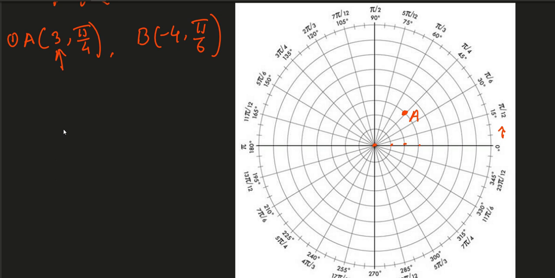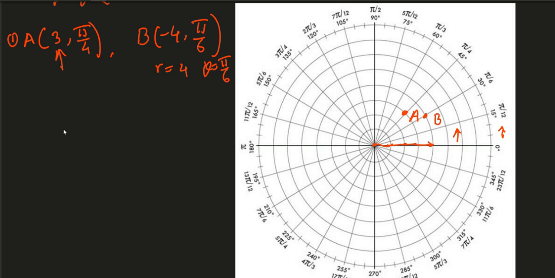No matter whether it is positive or negative, we'll consider it with the positive sign, and then we'll adapt the negative sign. Since r equals 4, we'll draw 4 units distance from the origin, 1, 2, 3, 4. So we are here, and then our rotation theta equals pi over 6. So we'll go in the counterclockwise direction. Pi over 6 is somewhere here. So this is my point B prime.